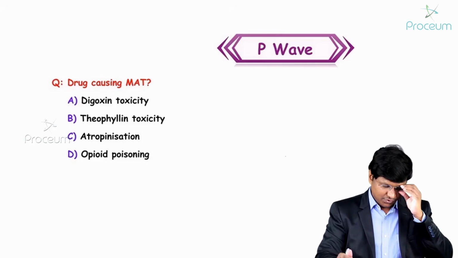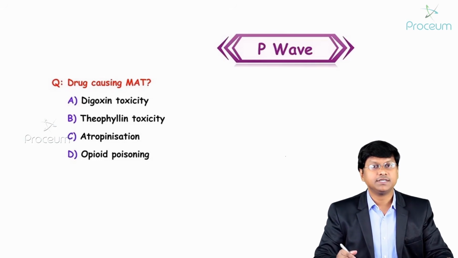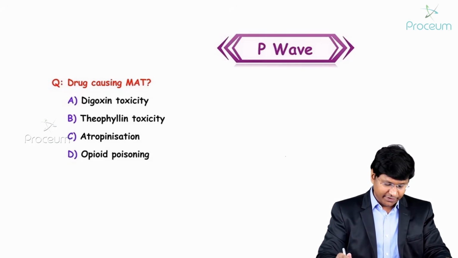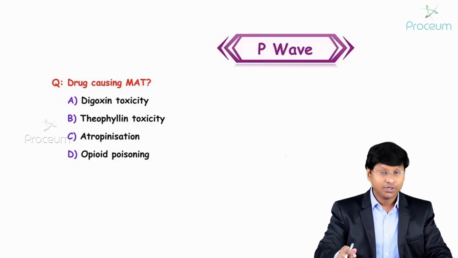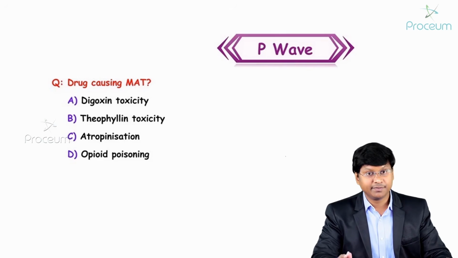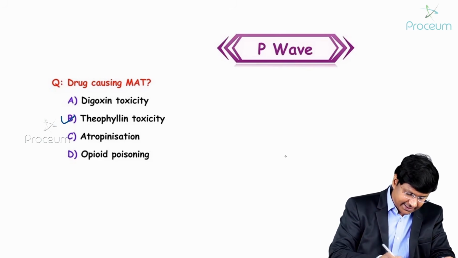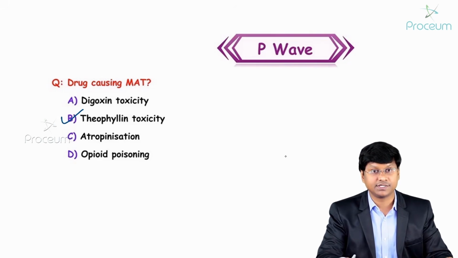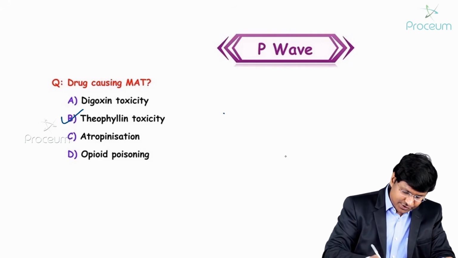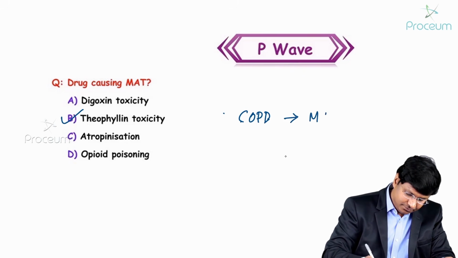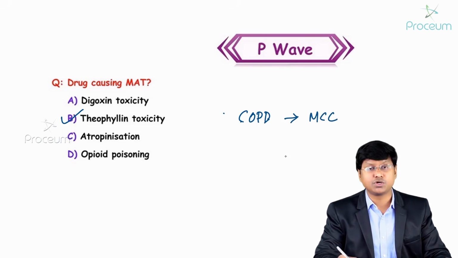If you see this question, drug causing MAT: digoxin toxicity, theophylline toxicity, atropinization, opioid poisoning. Remember, the drug causing MAT is theophylline toxicity. And apart from that, COPD, as I have already said, is the most common cause.